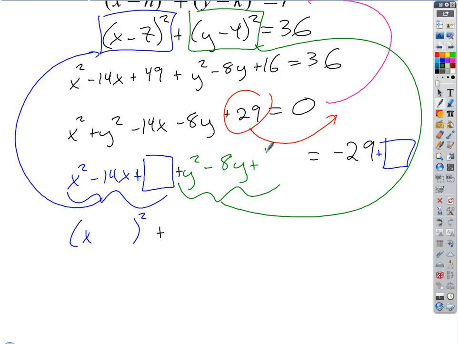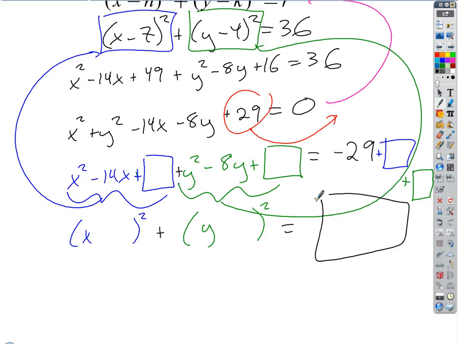I got to pick a value there and add that to the other side as well. So that this trinomial that I create becomes a perfect square trinomial that factors into a perfect square. And then I'm just going to get some number on the other side, right? So what's our order? This is good review for the Module 3 stuff. What's the order in which we fill in these blanks then?